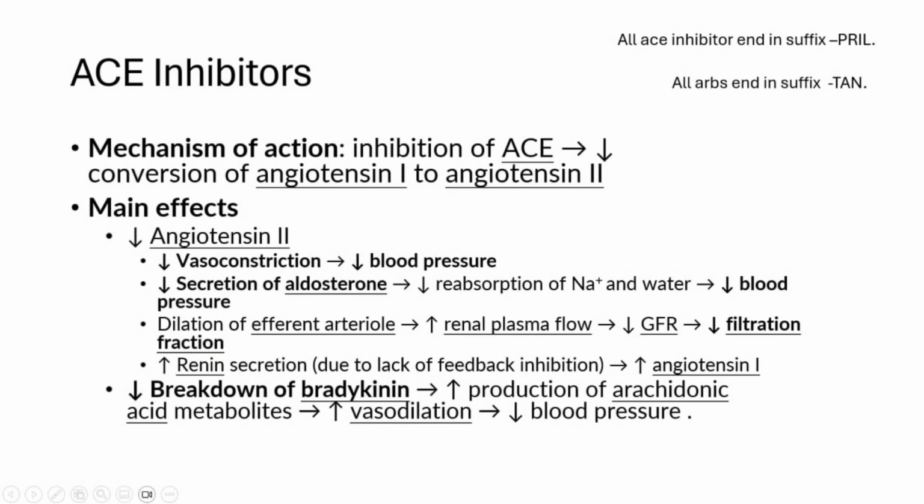So guys, this bradykinin is very important for our lungs, and if it remains in the lungs, it will cause vasodilation, a decrease in BP, and also it will cause dry cough and peripheral angioedema. So all ACE inhibitors end in the suffix pril, and all ARBs, that is the angiotensin receptor blockers, end in the suffix sartan, like valsartan, losartan, and pril like lisinopril, captopril, enalapril.